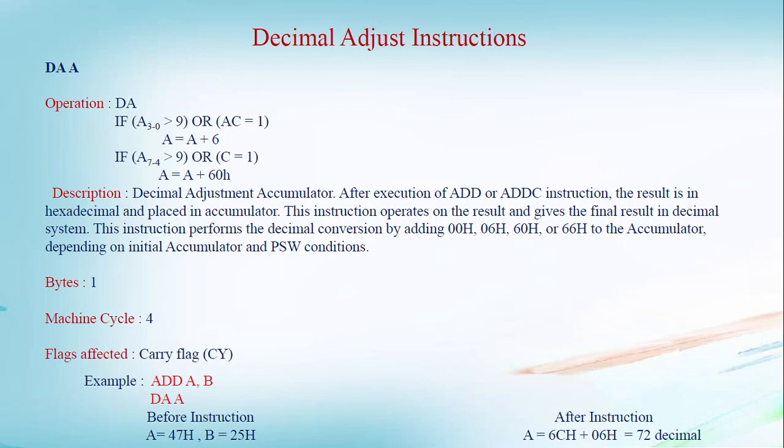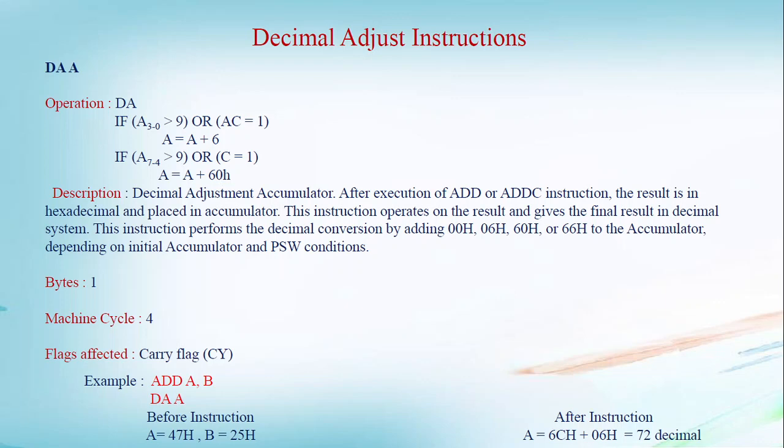And if the higher nibble is greater than 9 or the carry flag bit equals 1, then A will be added with 60H. It requires 1 byte and 4 machine cycles and it affects the carry flag.